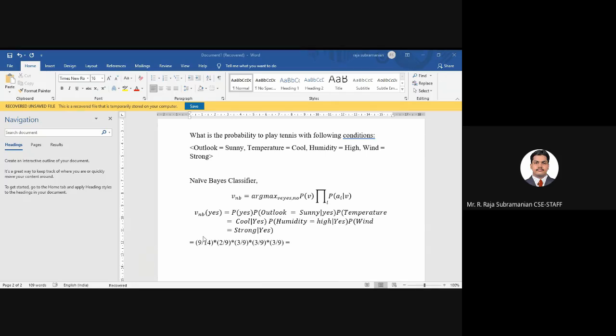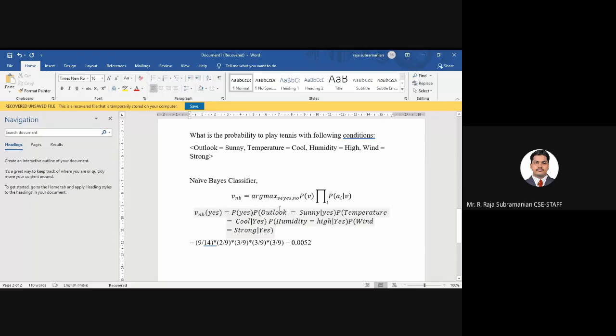The value I get is 0.005. Is that the value you are also getting? I can put more digits, 0.00529 or so. So I put 0.0052 as the total value.